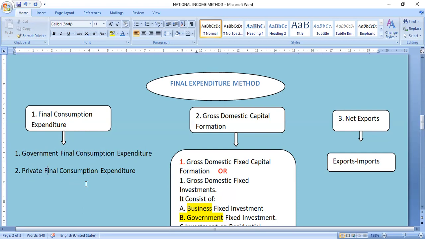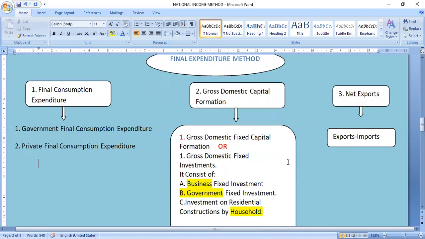If the final private expenditure is not given but that type of expenditure is given, like a consumer purchasing durable goods and services, we will consider it as private final consumption expenditure. Both will be included in the final consumption expenditure.